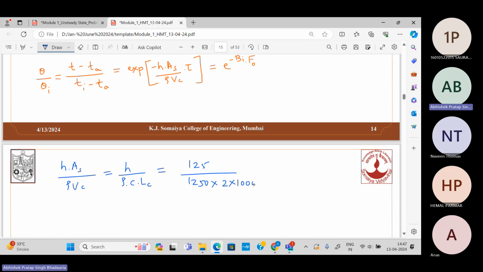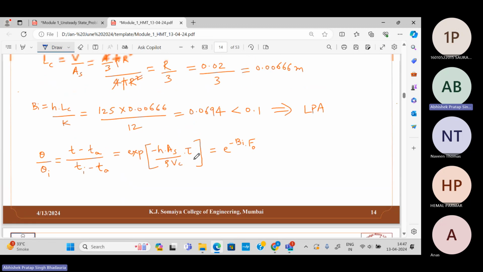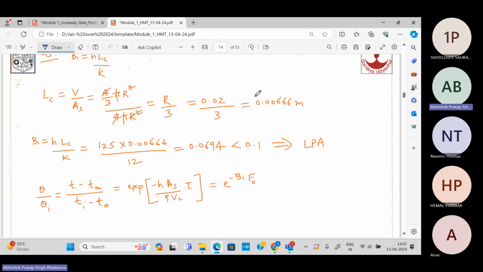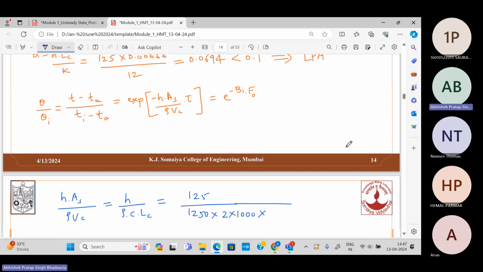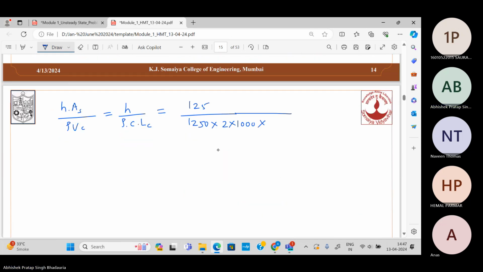So 2 into 1000 multiplied by LC. So the calculated value of LC is 0.00666.